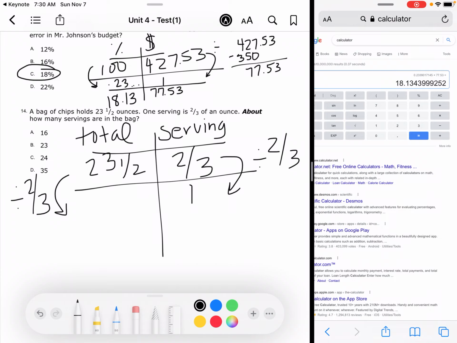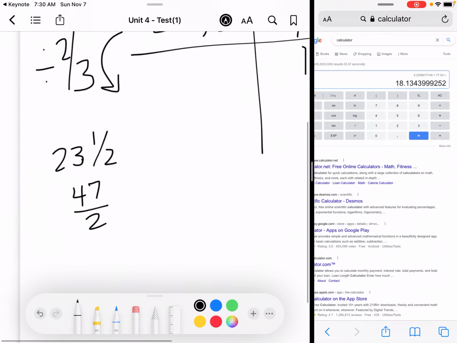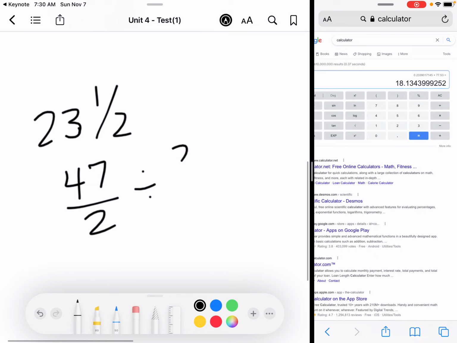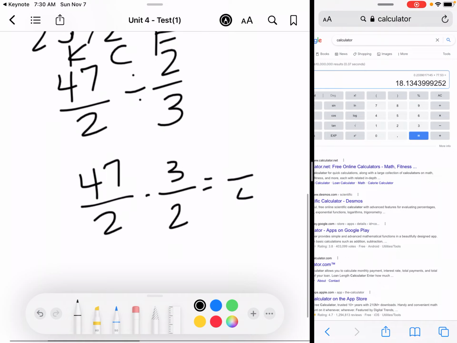And like I said, I don't have one of those fancy calculators here at the house. So 23.5 is 23 times 2, which would give me 46, plus 1 is 47. So I have 47 over 2 divided by 2/3. Keep, change, flip. And I end up with 4.